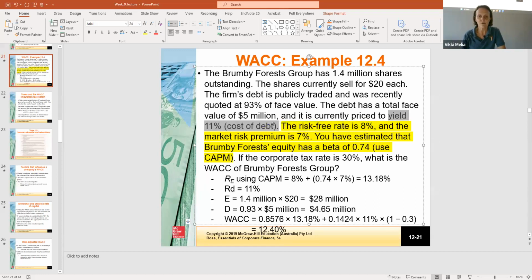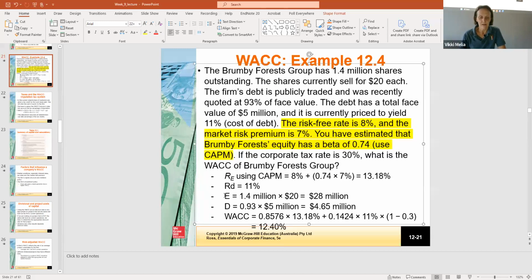They said the yield on the debt is currently 11%. So we've got our cost of equity. We've got our cost of debt before tax. We need the after tax. The market value of equity, 1.4 million shares at $20 per share, is a market value of 28 million. And for debt, the market value of debt, it's trading at 93% of its face value. So debt has a current value of 4.65 million.